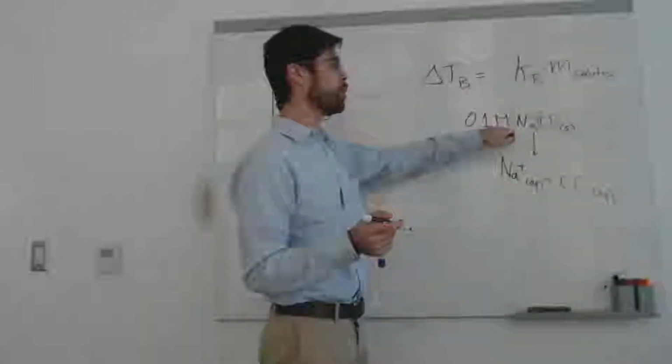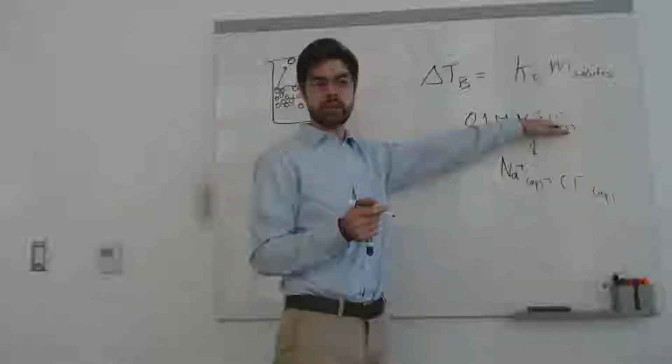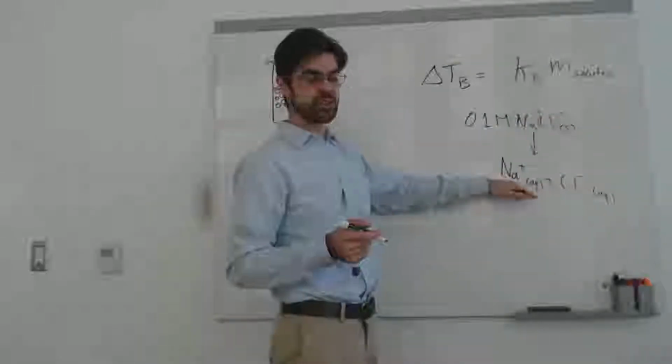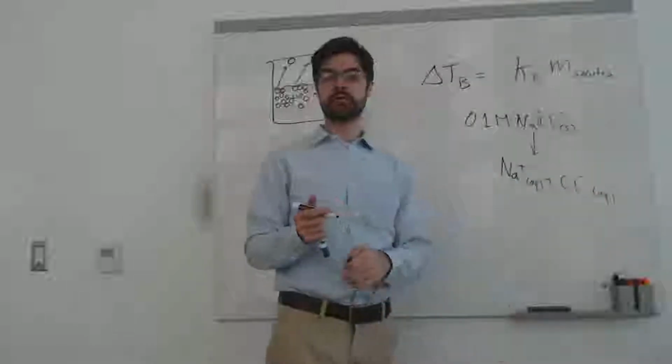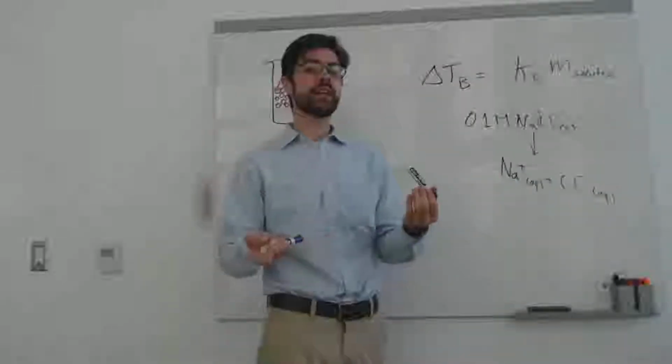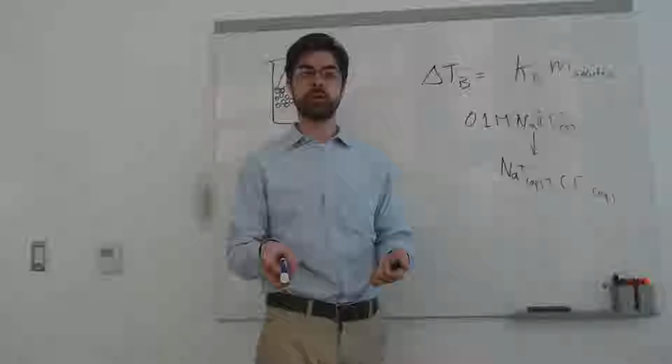So for every mole of sodium chloride, the solid, you get 1 mole of sodium ions and 1 mole of chloride ions. Each of those is a separate solute.